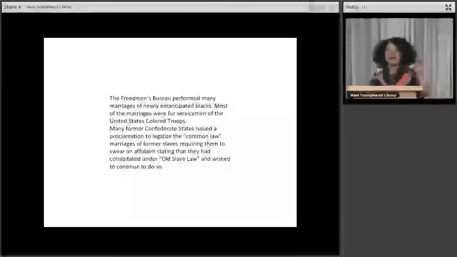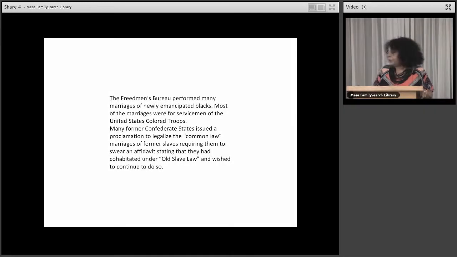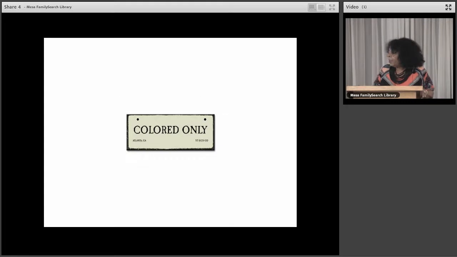There was not a marriage license or a certificate given out, but usually these affidavits are filed with the marriage records. And the marriage records up until the 1960s were usually filed under colored. Now that could be in a separate ledger, or it could be in the very back of the regular ledger books. This is on a county courthouse level.